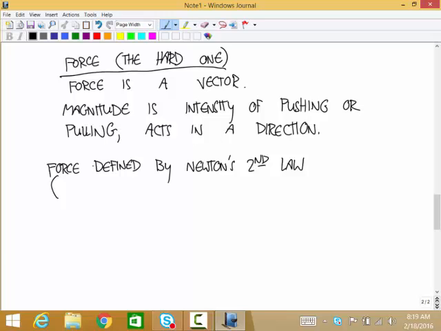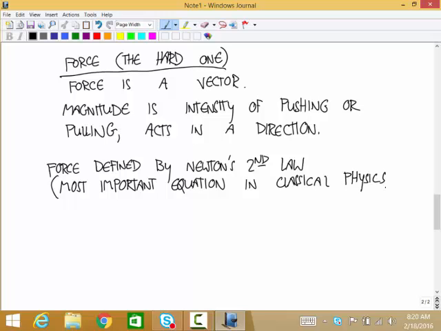So yes, the most important equation in classical physics. And Newton's second law says this. I always abbreviate this N2L.